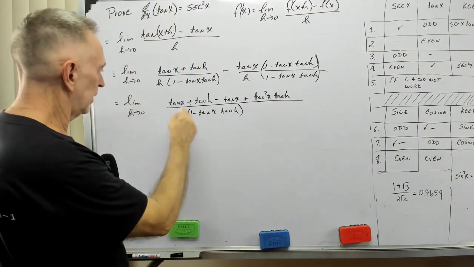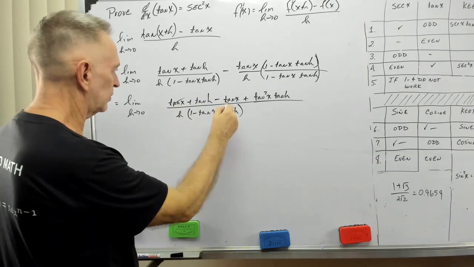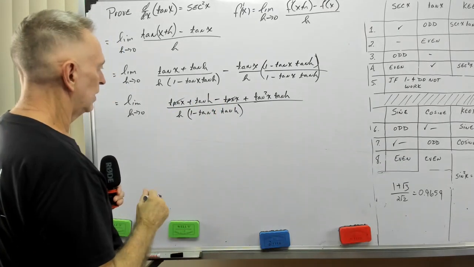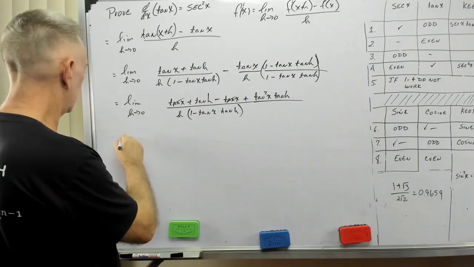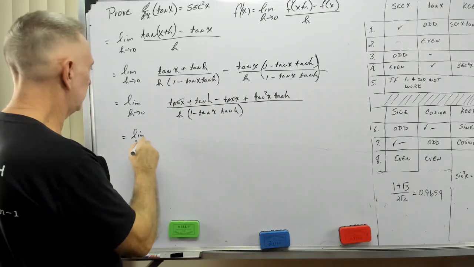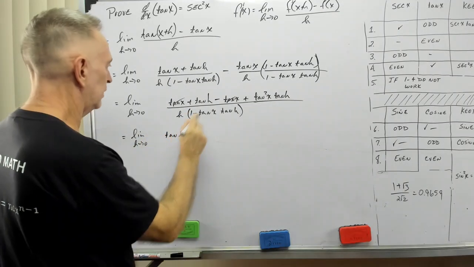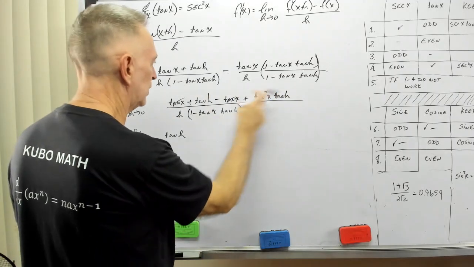So we can immediately reduce on the numerator: tangent x minus tangent x goes away. What are we left with? We're left with the limit as h approaches 0 of tangent h. I have a tangent h here and here.